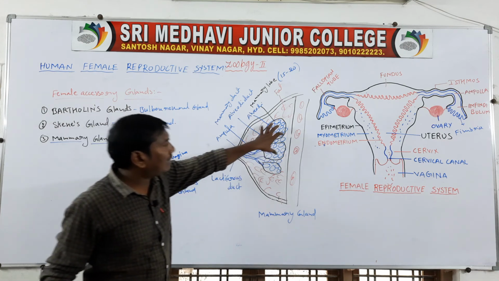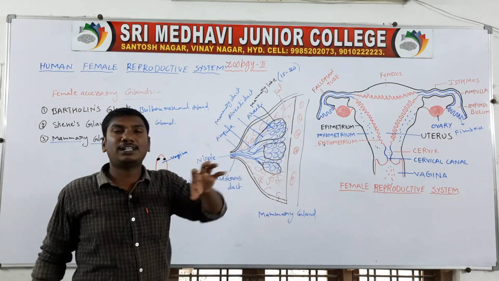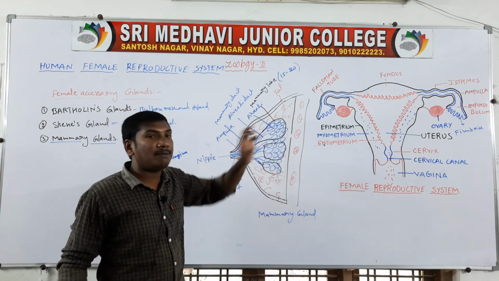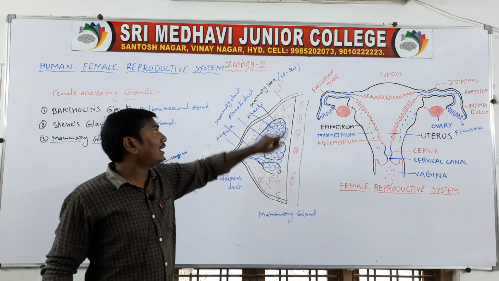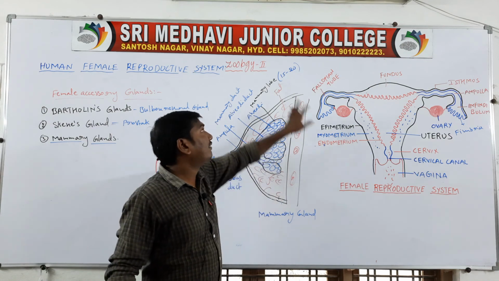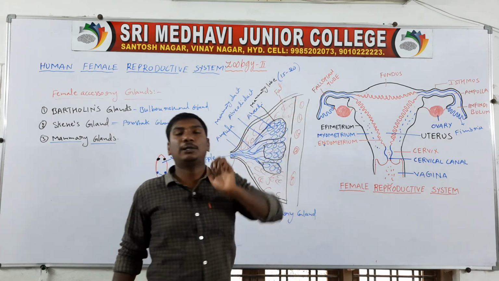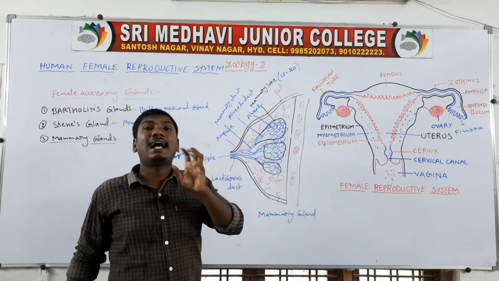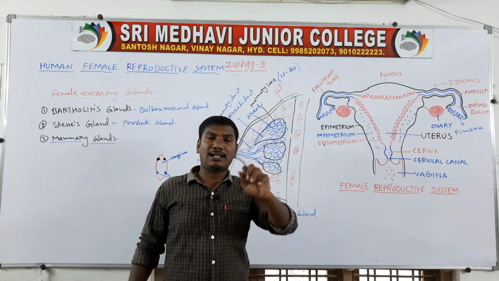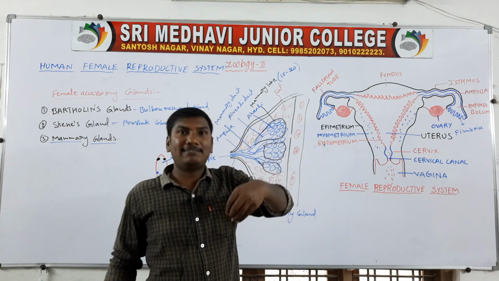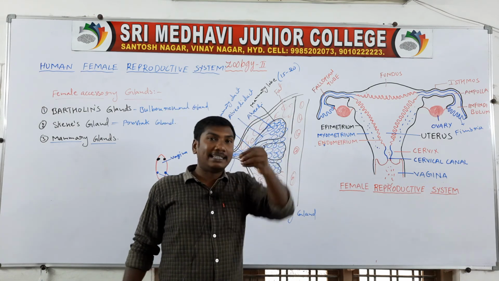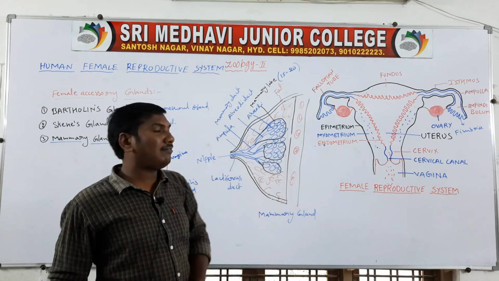Simply, the mammary glands are formed by glandular tissue and fat tissue. The glandular tissue forms lobes, and each breast contains 15 to 20 mammary lobes. These lobes contain sac-like structures called alveoli, which secrete milk that is stored in the alveolar sac.